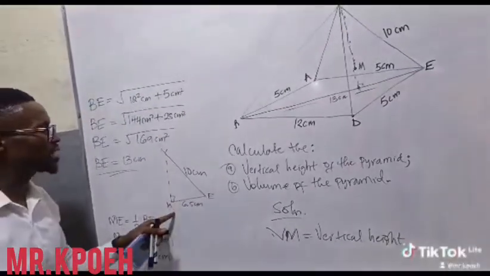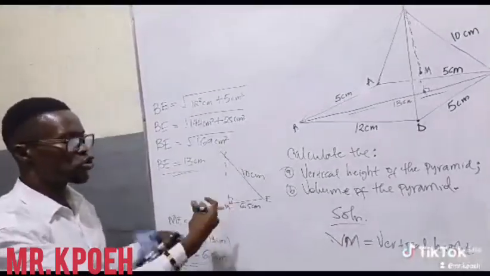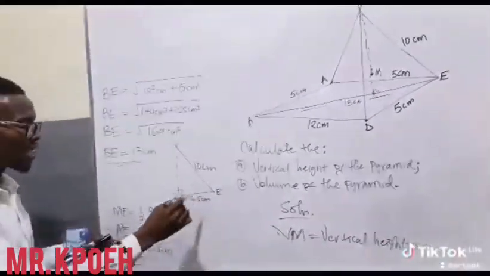So the vertical height of the pyramid is what we are about to find. So we use the same concept of the Pythagorean theorem. So this is C squared.